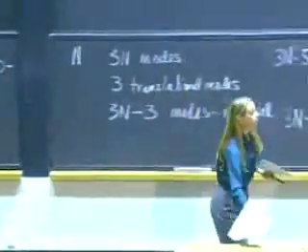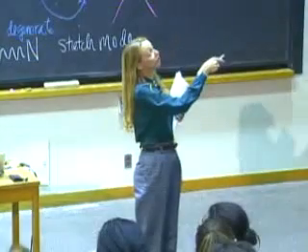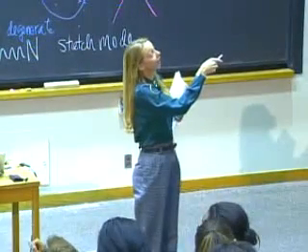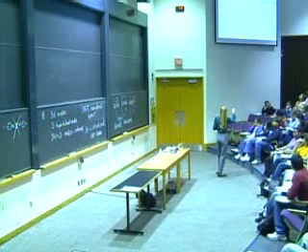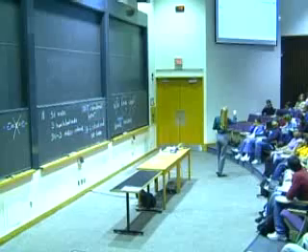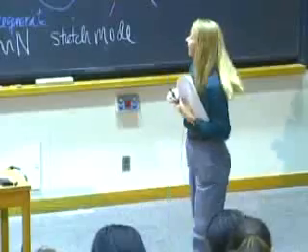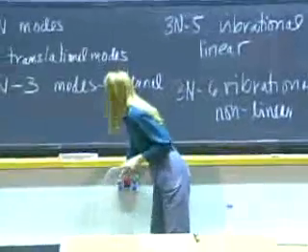Okay, and now what does our table say in terms of vibration? Well, for a linear molecule, 3n minus 5, we have used 5 modes. We have 4 left. So what are those modes?